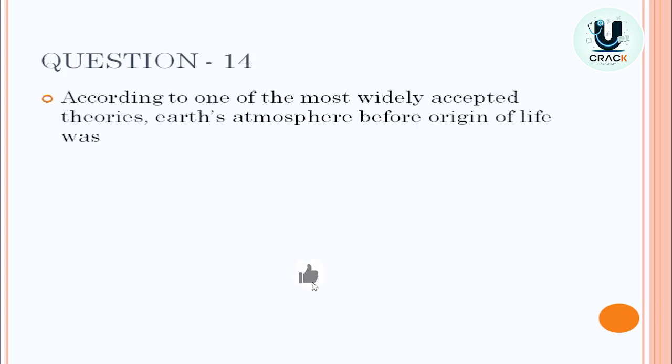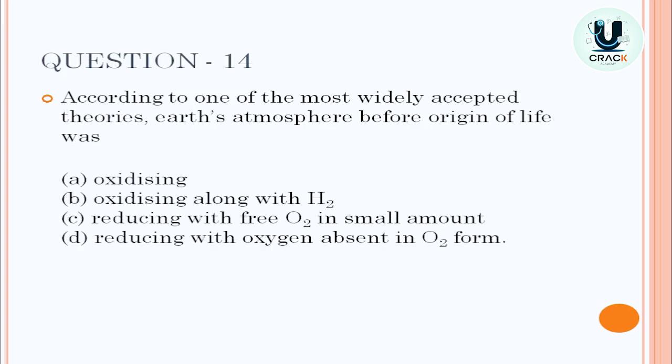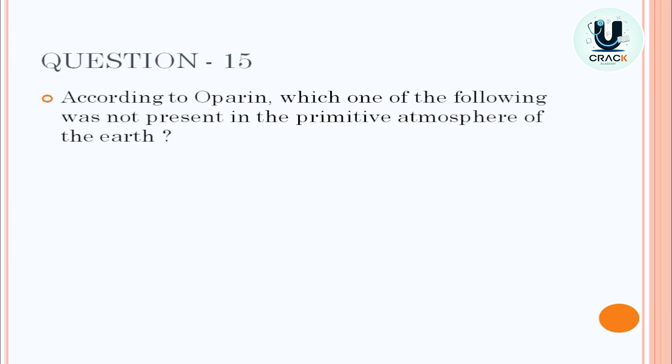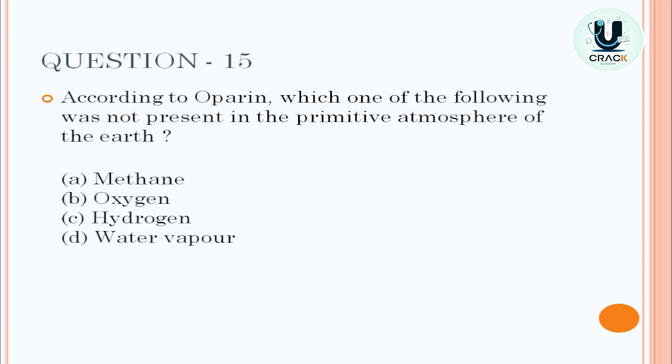According to one of the most widely accepted theories, Earth's atmosphere before the origin of life was A. Oxidizing, B. Oxidizing along with H2, C. Reducing with free oxygen in small amount, D. Reducing with oxygen absent in O2 form. Answer B. Question number 15. According to Oparin, which one of the following was not present in the primitive atmosphere of the Earth? A. Methane, B. Oxygen, C. Hydrogen, D. Water vapor. Answer oxygen.